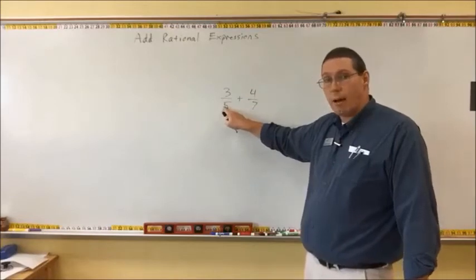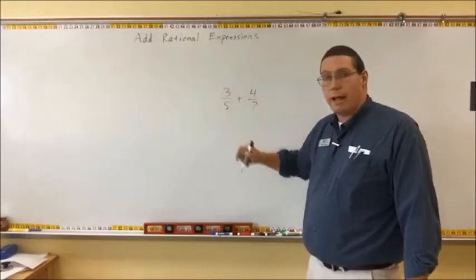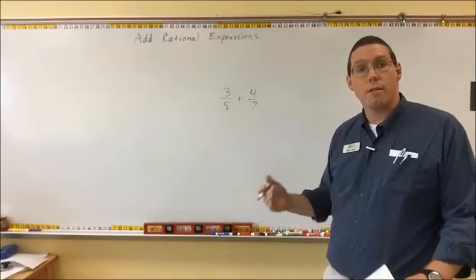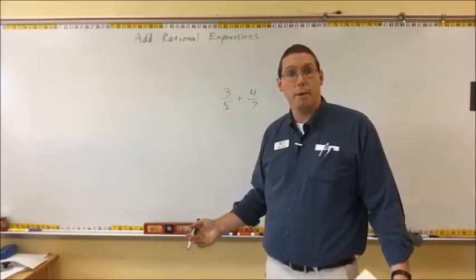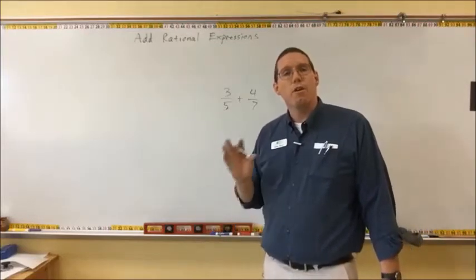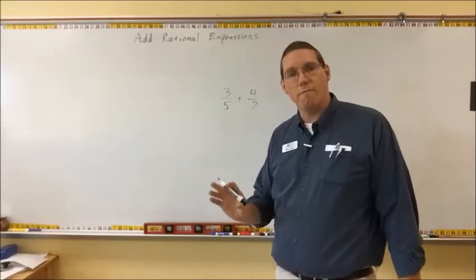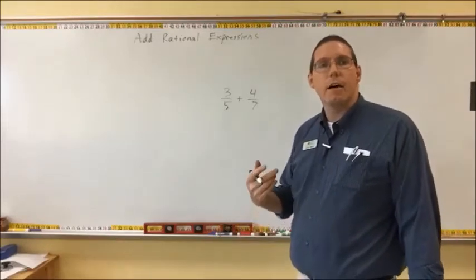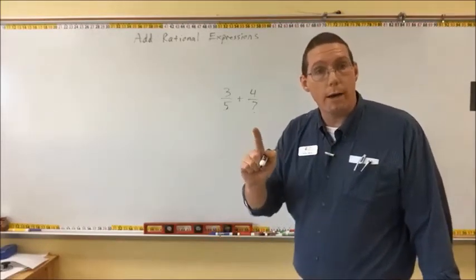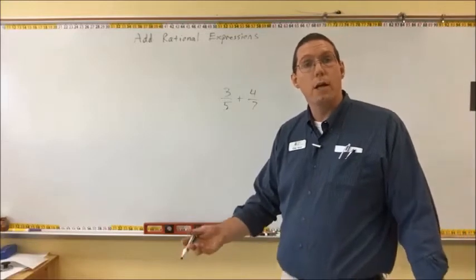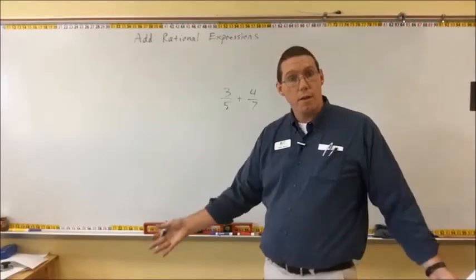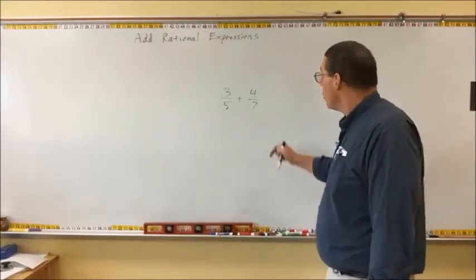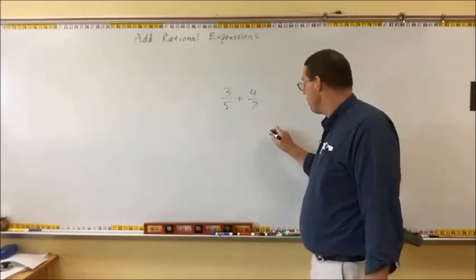When we change this denominator, we have to change the numerator as well so that it stays the same value. Okay? So typically, one of the greatest techniques in all of math is the idea of multiplying by 1, because when you multiply by 1, your value stays the same. So we're going to multiply 4/7 by 1.